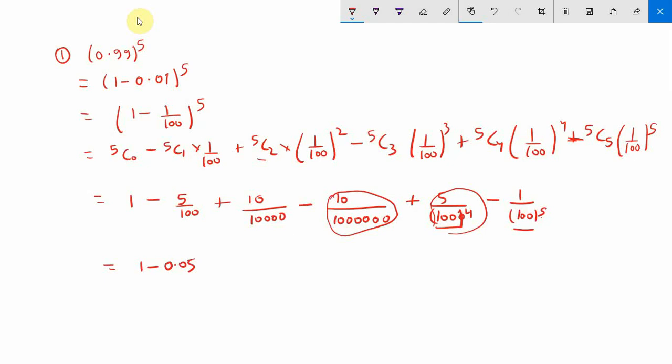So ignoring fourth and higher terms, plus 0.001, after calculating we will get 0.951. So this is how we can calculate powers of 0.99.